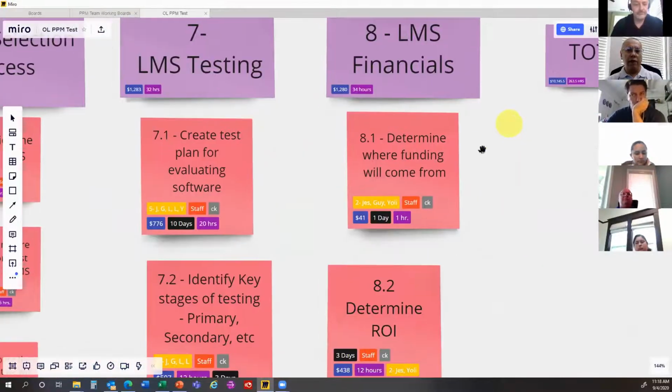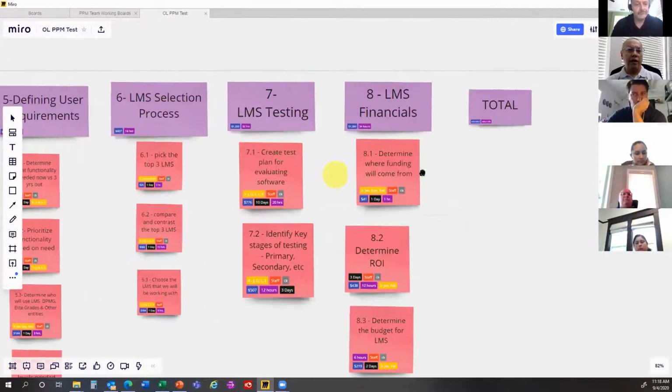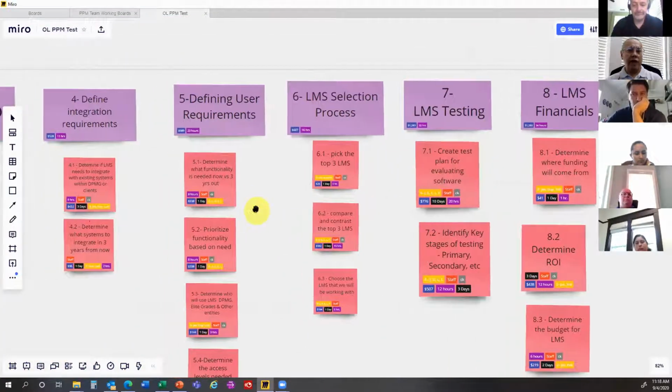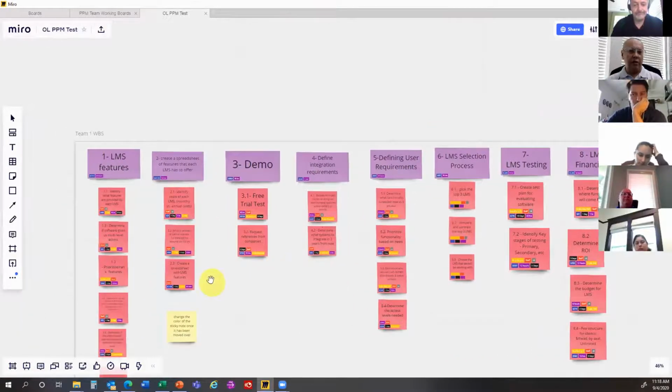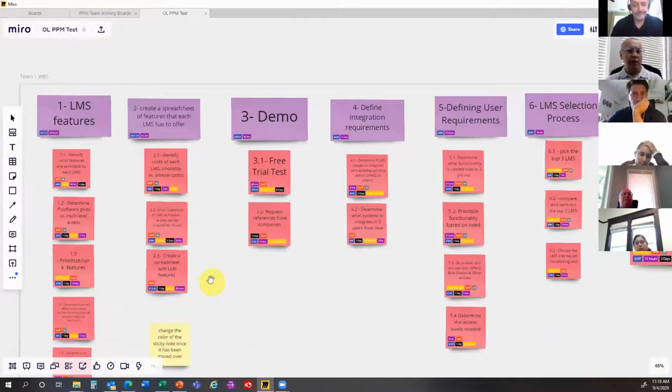But it also tells us for each phase, if I'm going to use the dollars as a project manager to help me track how well I'm doing on the project, I can now roll up the phase, in this case identifying LMS features, what that's costing me, what the labor hours are, and what it's costing me from a dollar perspective.